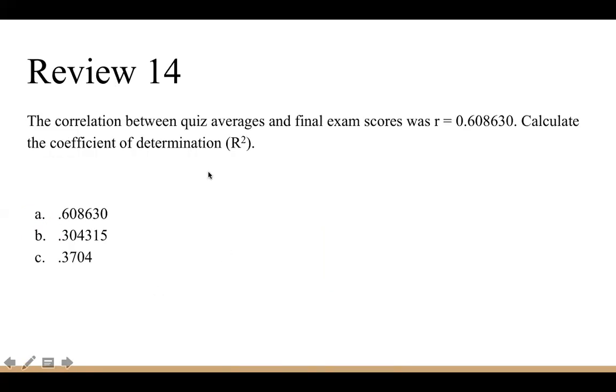Okay, the correlation between quiz averages and final exam scores was R equals 0.60863. Calculate the coefficient of determination, or R squared.